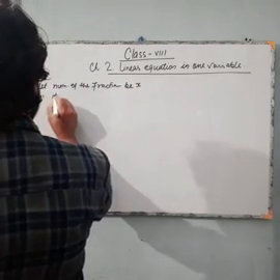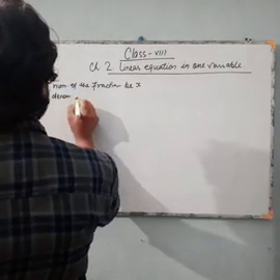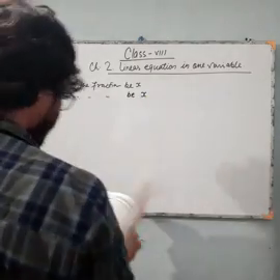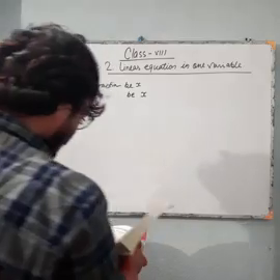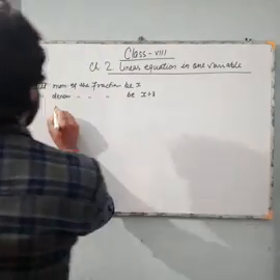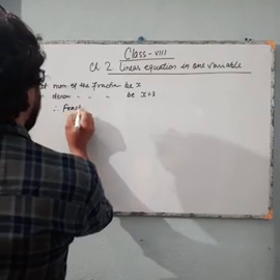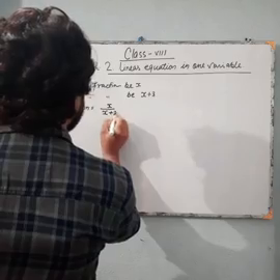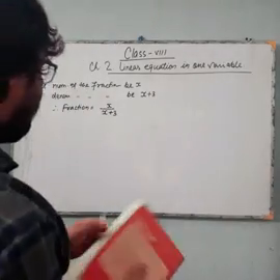Let the denominator of the fraction be x plus 3. Hence, the fraction can be written as x by x plus 3.